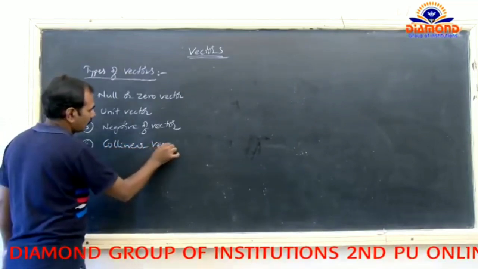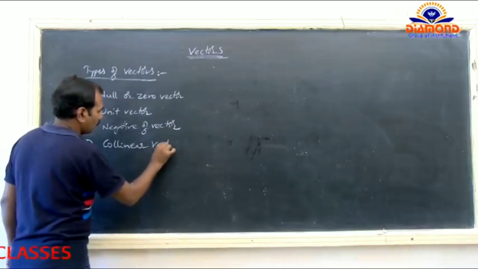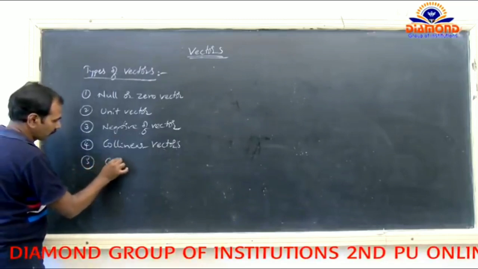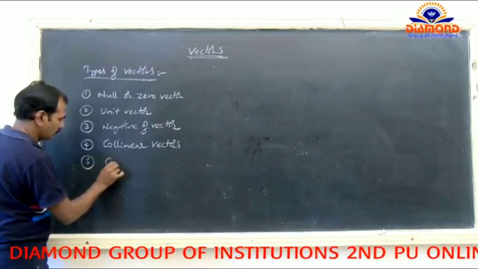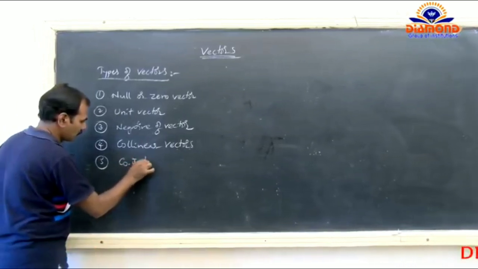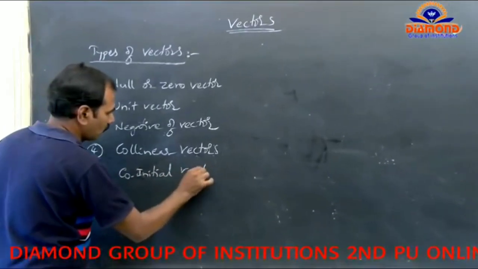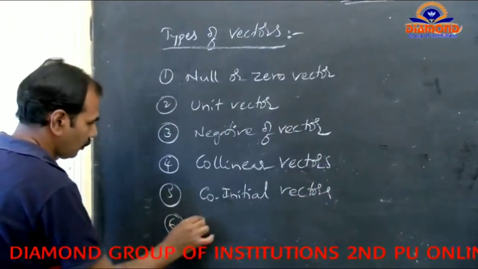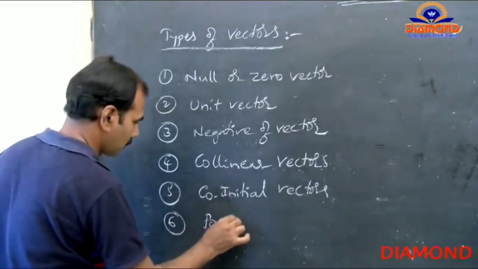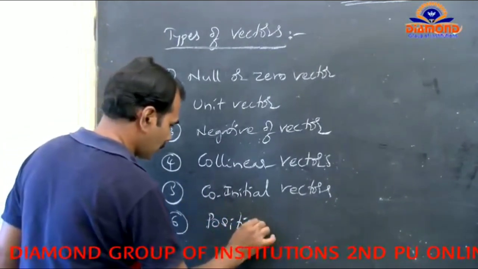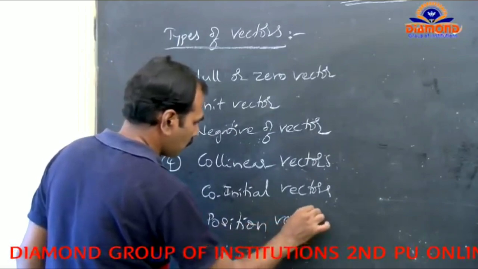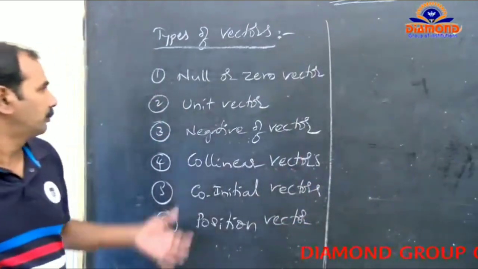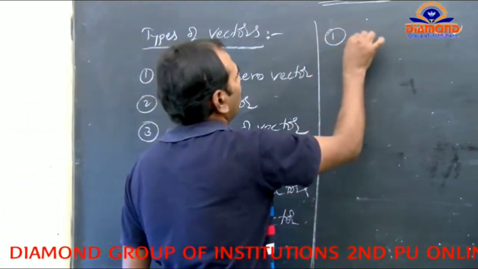Collinear vectors. Co-initial vectors. Position vector. So simple. First, null vector.